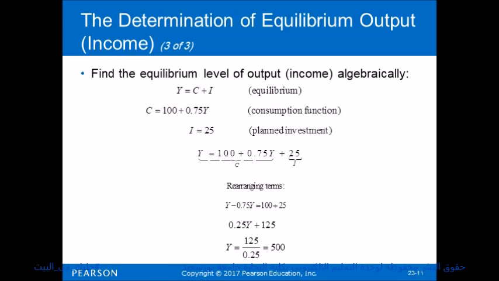We replace y by 500 and we can get the corresponding value for C, or consumption in this case. Note also we can calculate the corresponding value of equilibrium saving. This can be calculated by subtracting the value of equilibrium consumption from the value of y, which is 500.